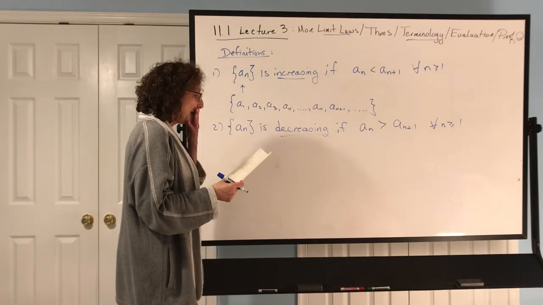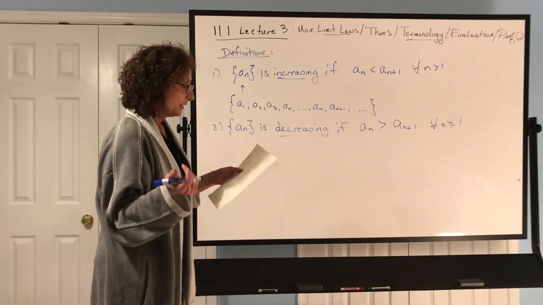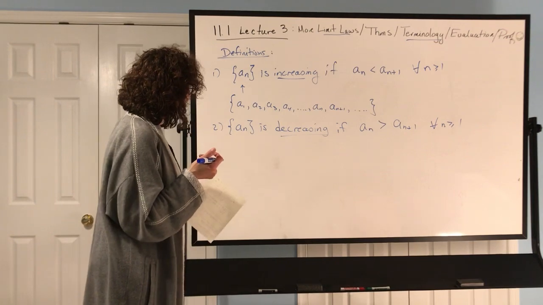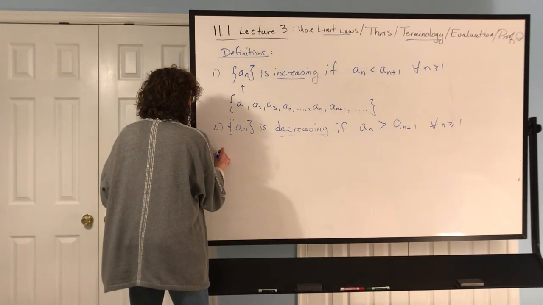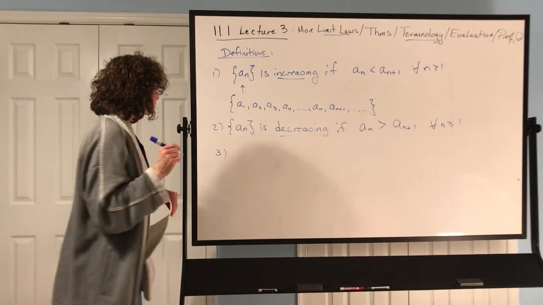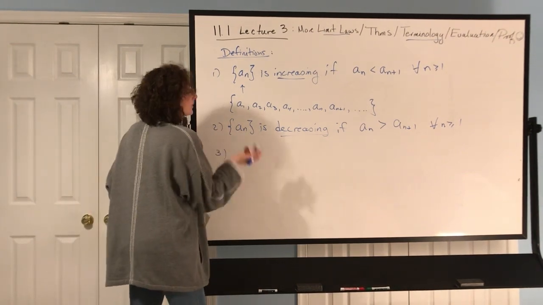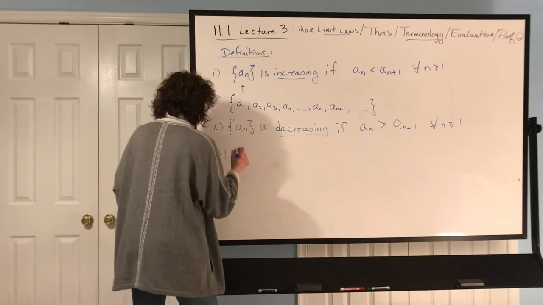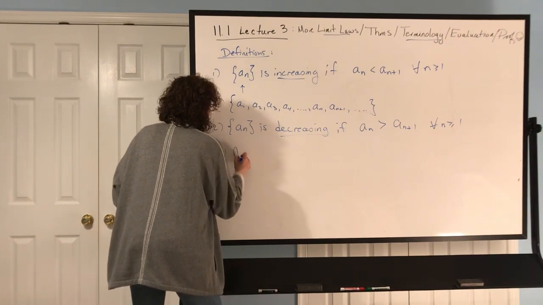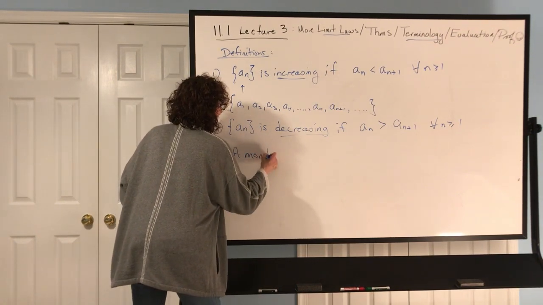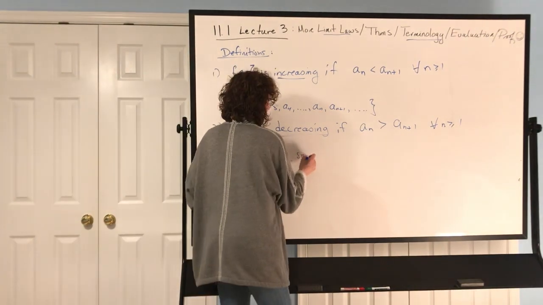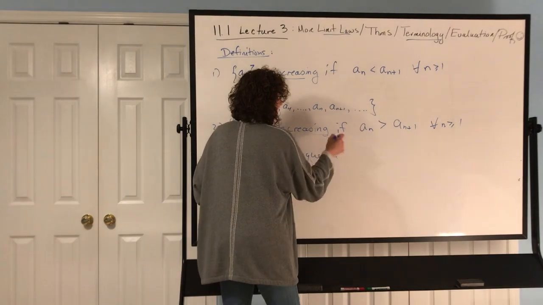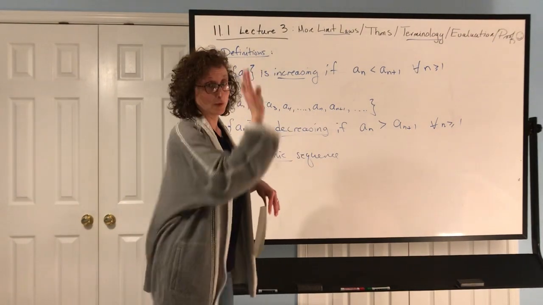All right. I'm going to write down these examples. I'm going to write down one more thing, and then we're going to look at an example. There's one more word. We call a sequence monotonic if it only does one of those things, if it doesn't go up and down.